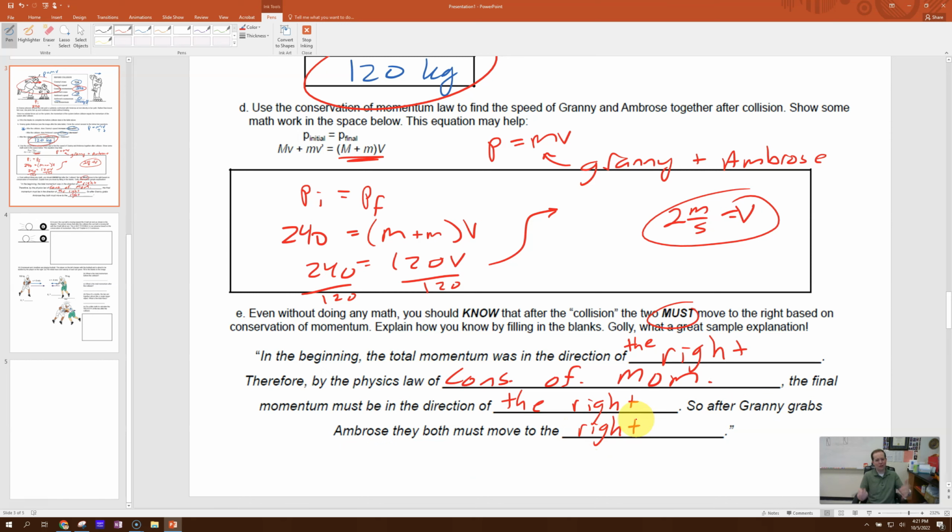Now you might have thought, Thrasher, it's obvious they're going to the right, but it's based on some physics laws. It's based on this law, the idea that the momentum has to stay the same. That's how you know. Again, here's a good template for the quiz. They might not all fit exactly like this, but notice I'm giving some physics terminology, and then I'm applying it to the problem.